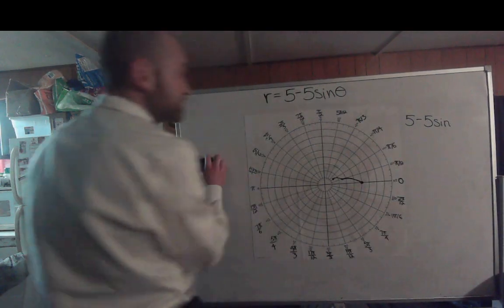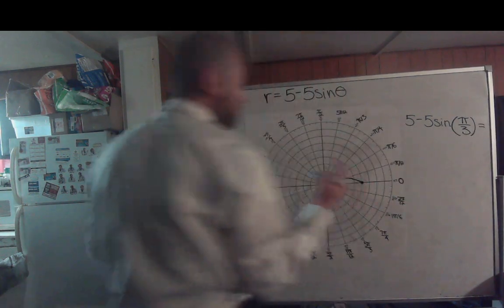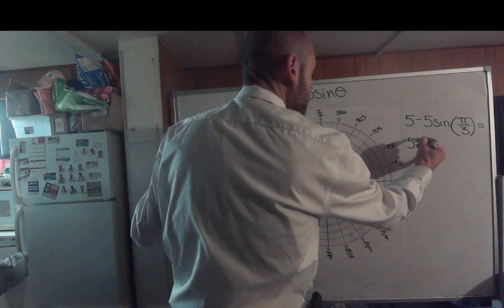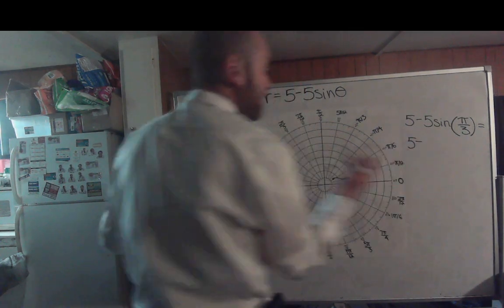Okay, so next is pi over 3, right? So the next special angle is pi over 3, so 5 minus 5 times the sine of pi over 3. Well, what is the sine of pi over 3?